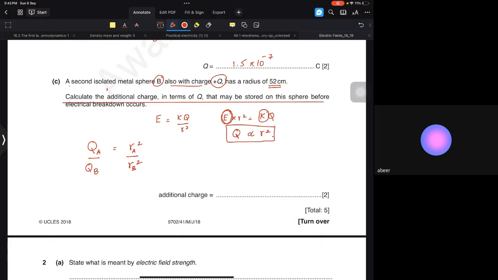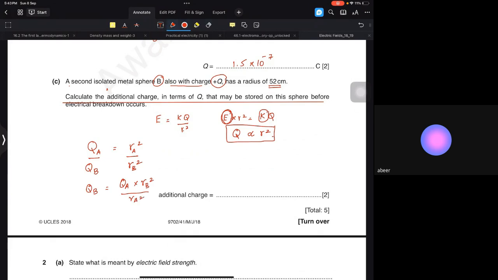Now, what I need to find is I obviously need to find the additional charge on this. So let's look at that. So this one, if I want to find QB, it will be QA times RB square over RA square.